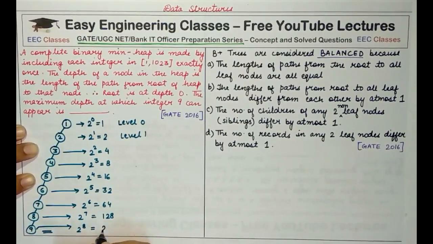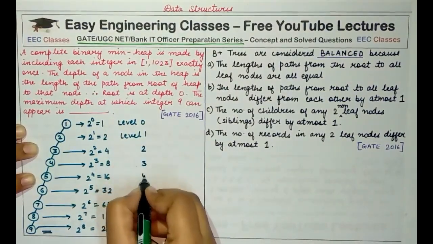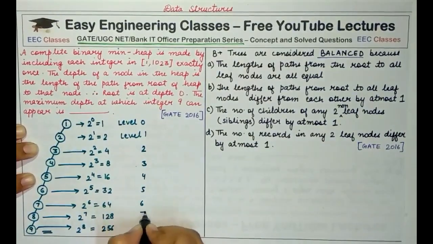So this comes out to be 256. Now these are the number of nodes that are possible for each level. That means at level 2, 3, 4, 5, 6, 7 and 8.